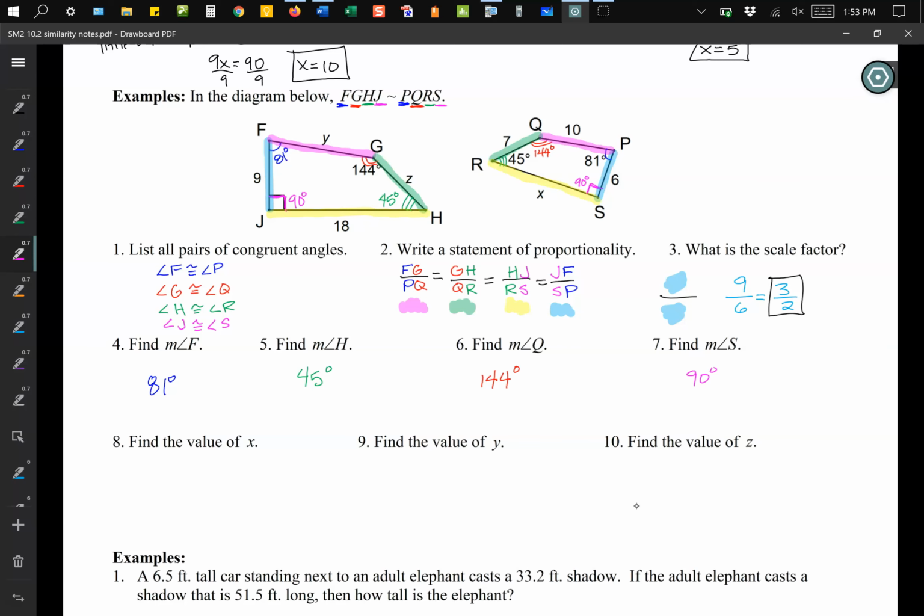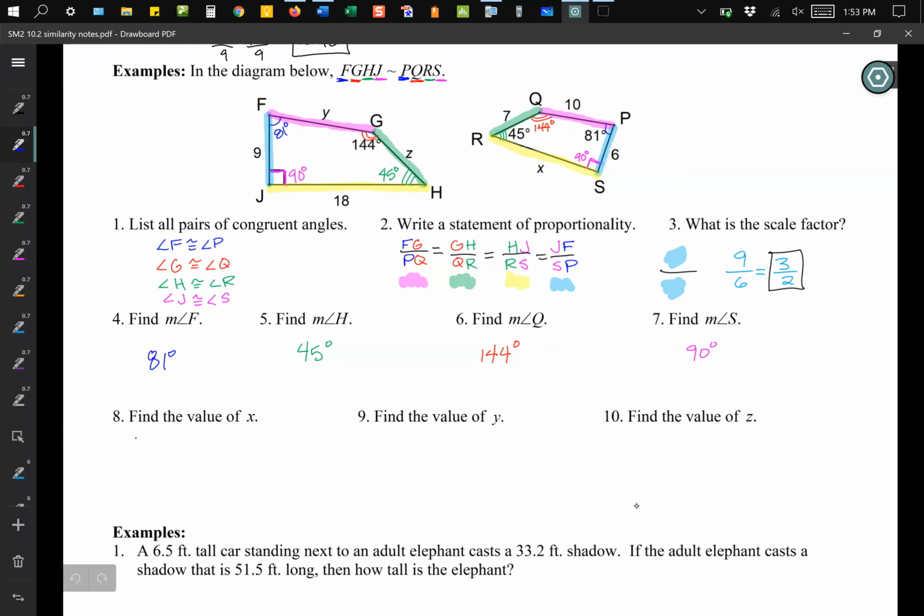So if I want x, I could do 9 over 6 equals, well, which side matches x? The 18 matches x. So blue over blue equals yellow over yellow. I put the bigger shape on top each time.